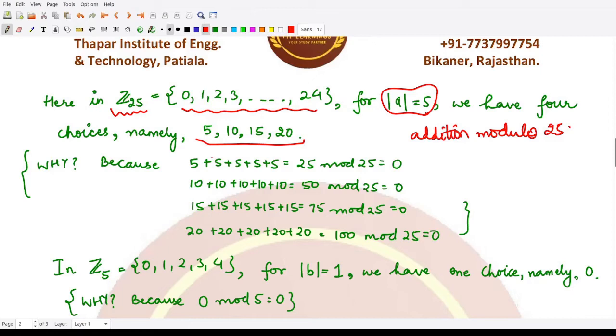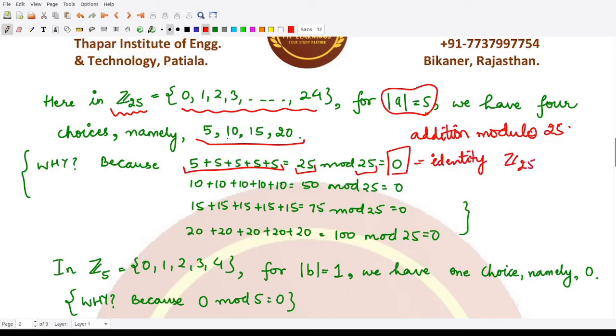So in this case we add 5 five times, which is 25, and then take mod 25 of it. 25 mod 25 gives you 0, which is the identity of this group Z25, correct?